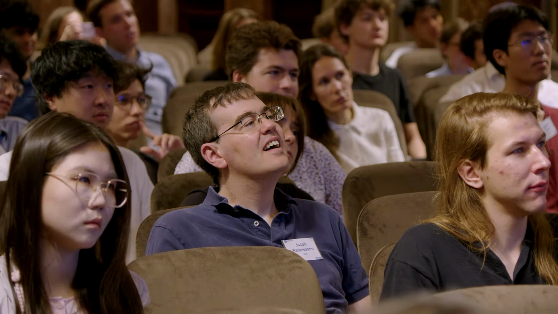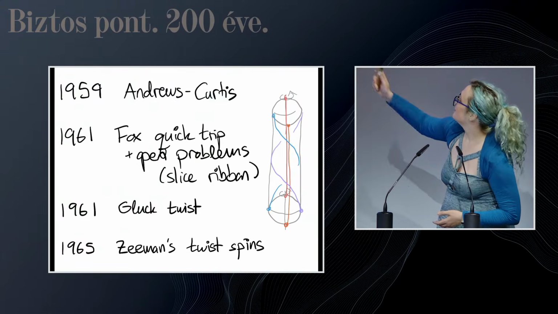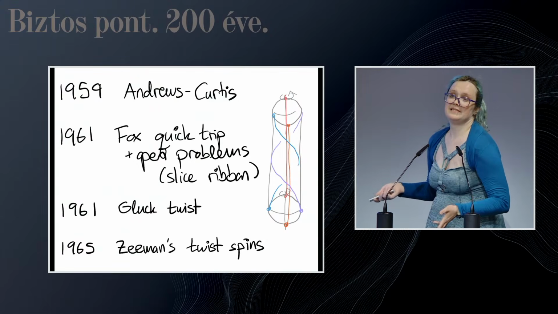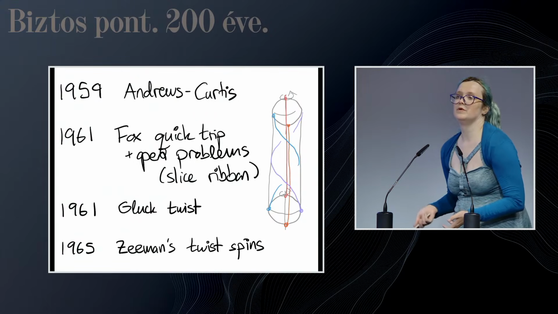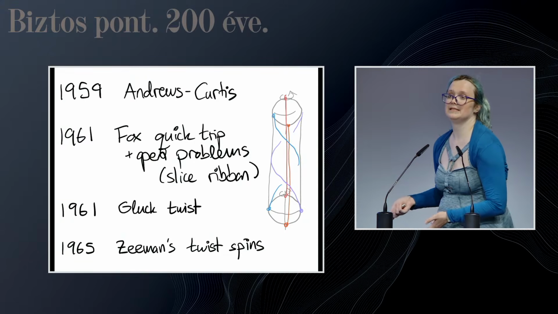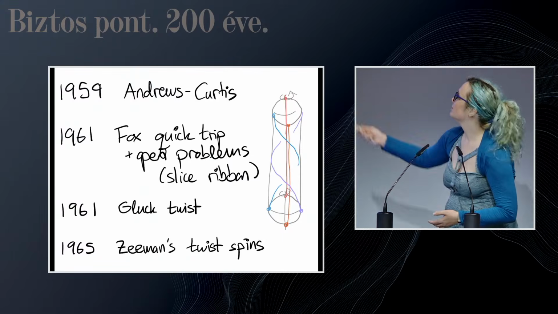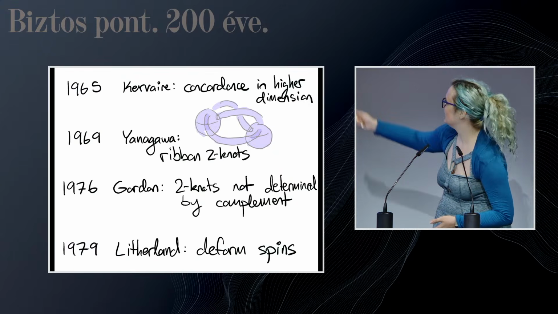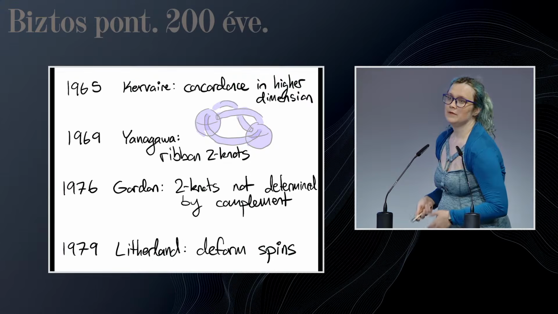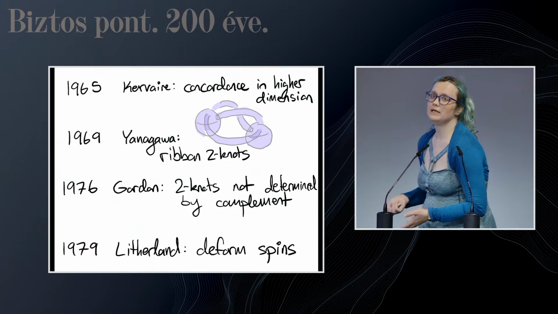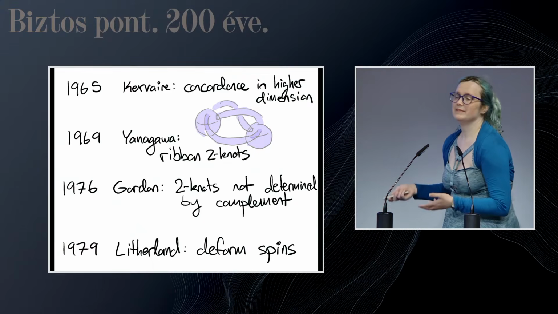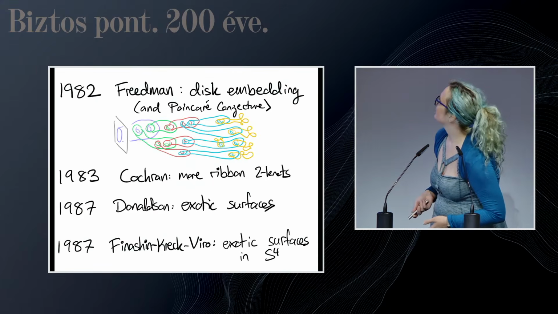Okay, and so as we keep going forward, the 50s and 60s see the advent of a lot of the big motivational questions that we still study today, and an increasing number of interesting examples as we develop more techniques. As we get into the 1970s, we start to be able to at least try to classify families, although we're not very good at it even still.